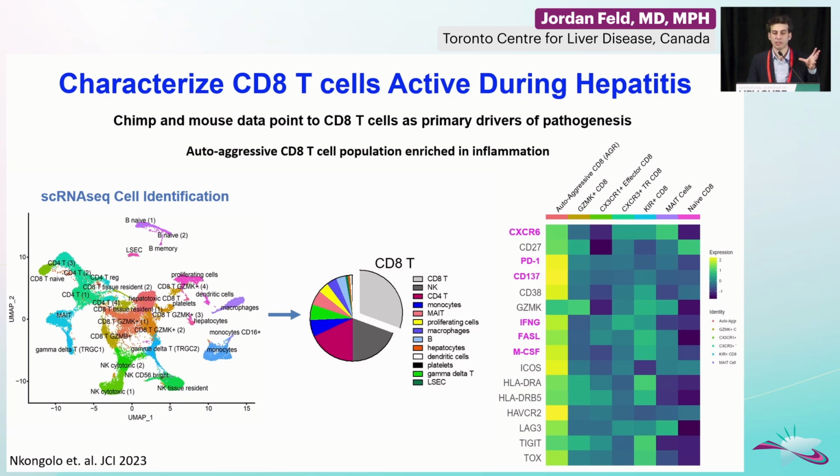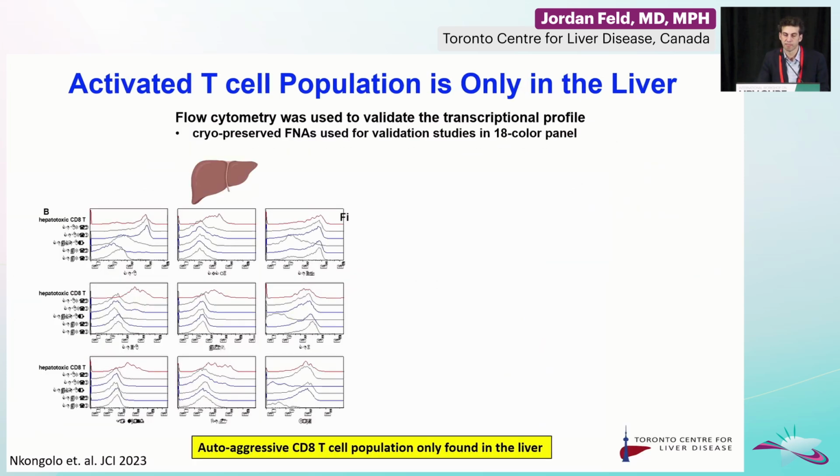You can see that the CD8 T cells really accounted for a high percentage of the total population in the single-cell RNA sequencing, but you can see that panel over at the left has a very distinct profile, these so-called autoaggressive CD8 T cells, which have been described in other types of liver disease and were markedly enriched in the inflamed liver, so at the baseline sample compared to the subsequent treated samples.